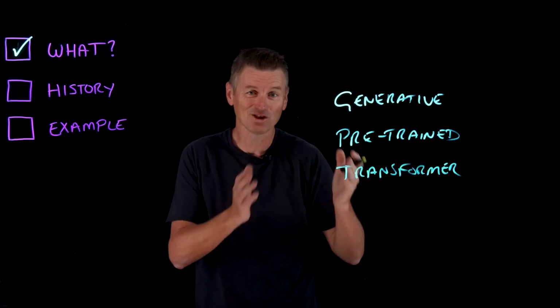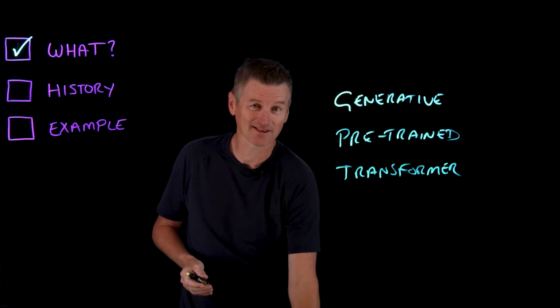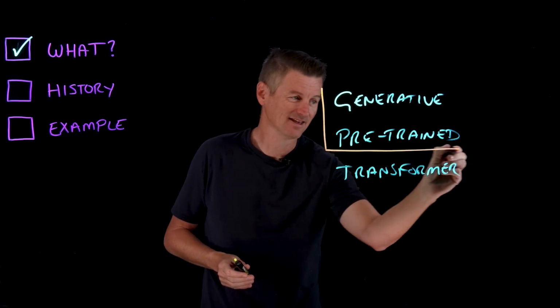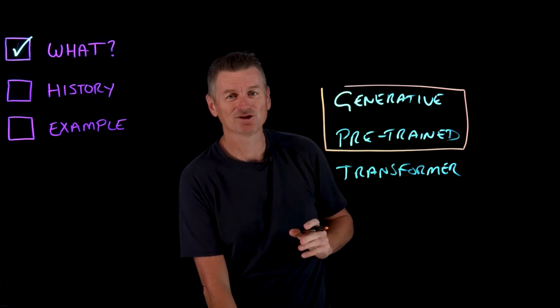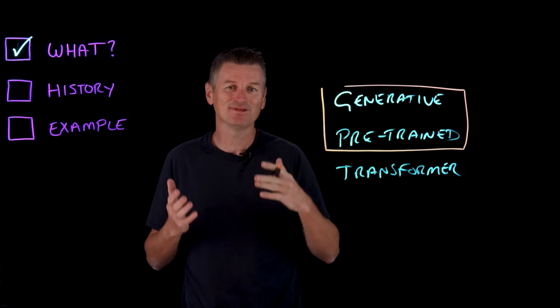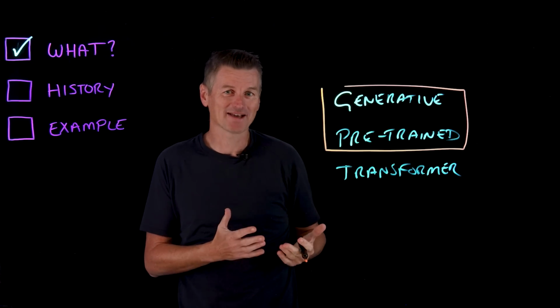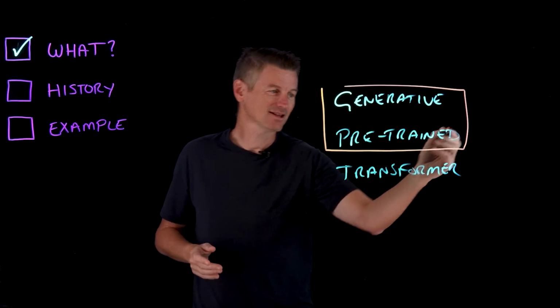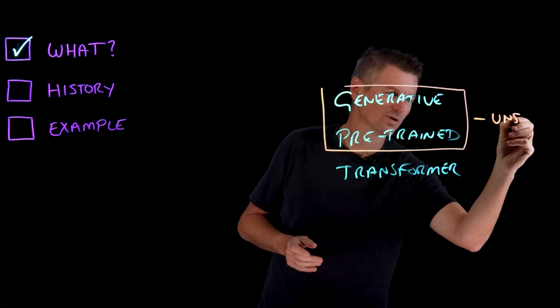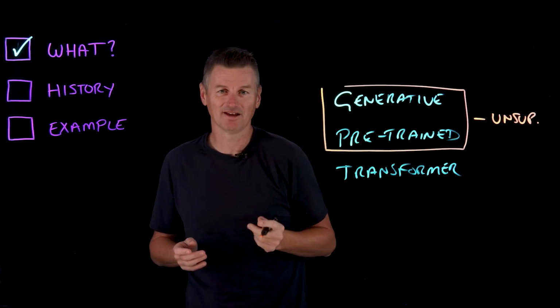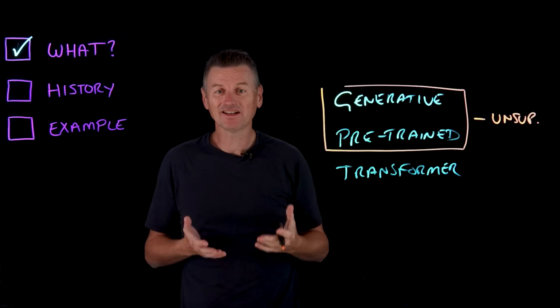Well, generative pre-training, let's start with that. Generative pre-training teaches the model to detect patterns in data and then apply those patterns to new inputs. It's actually a form of learning called unsupervised learning, where the model is given unlabeled data.